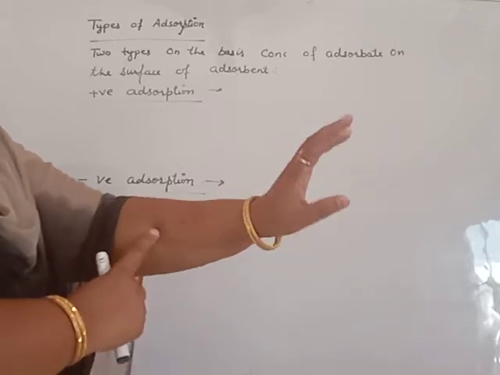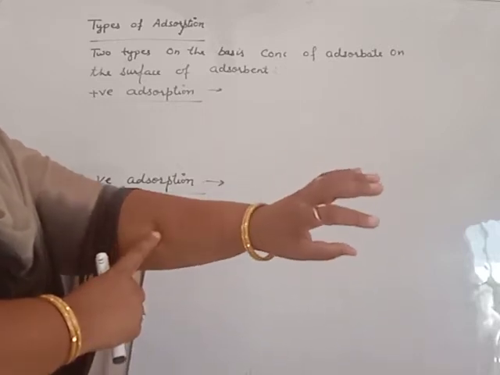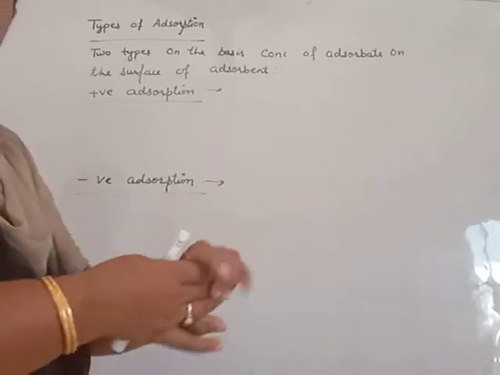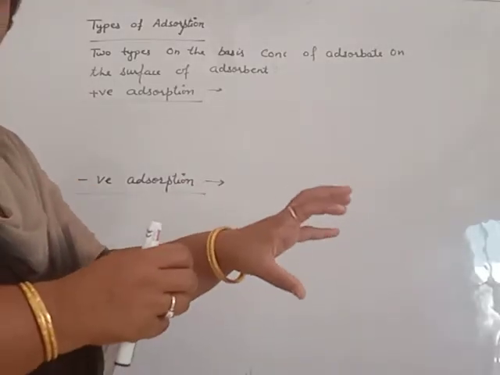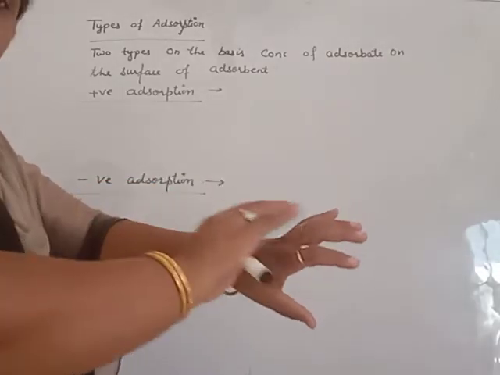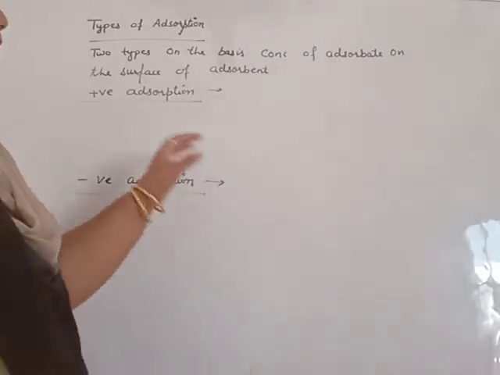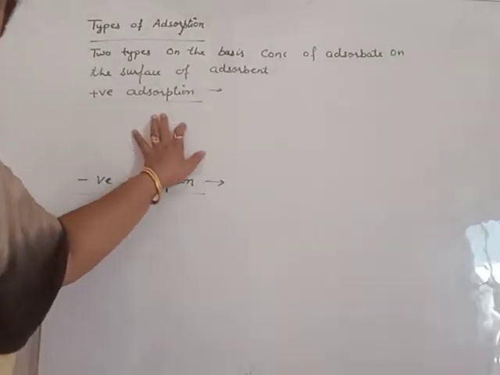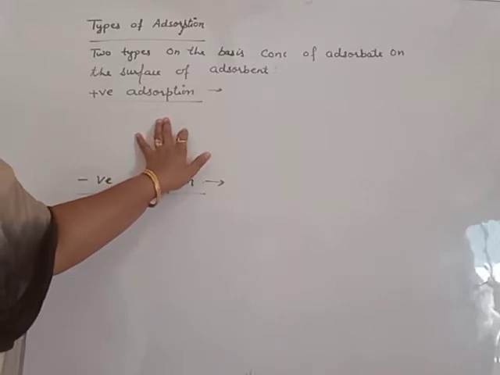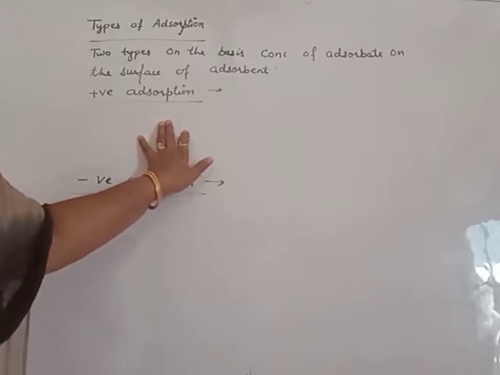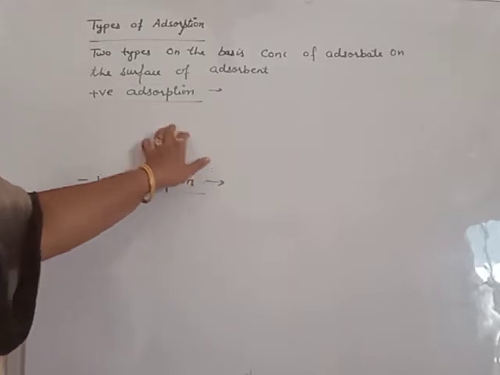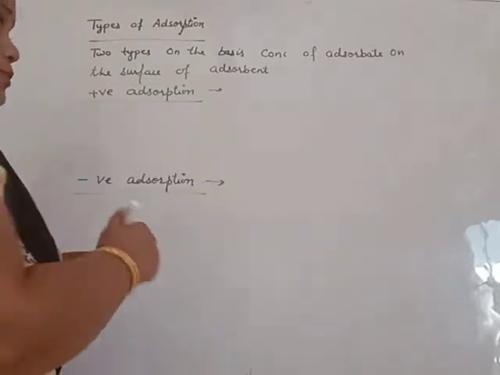That means concentration of adsorbate is maximum on the surface as that of bulk of the solution, bulk of the adsorbent. अंदर तो नहीं गया पानी, बल्क में तो नहीं गया, सिर्फ सरफेस पे और वो भी मैक्सिमम. When concentration of adsorbate is maximum on the surface of adsorbent, then bulk of the adsorbent or bulk of the solution, then this is known as positive adsorption.